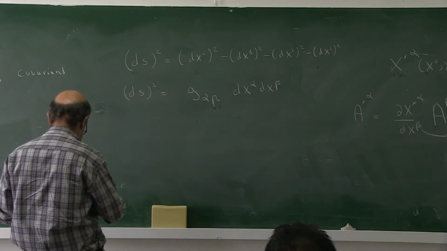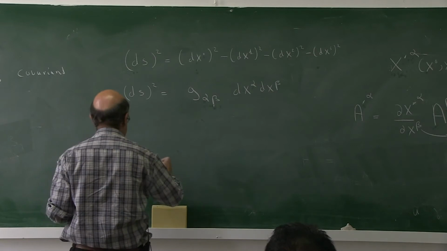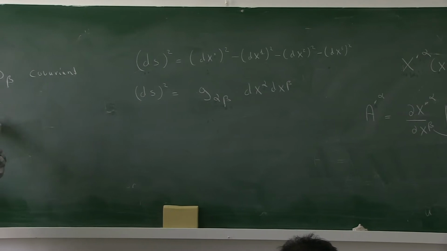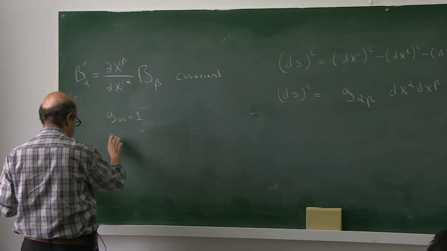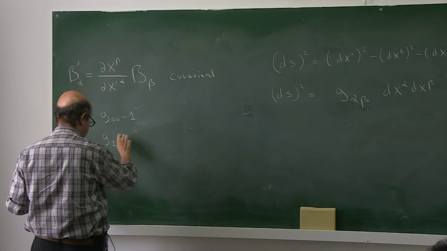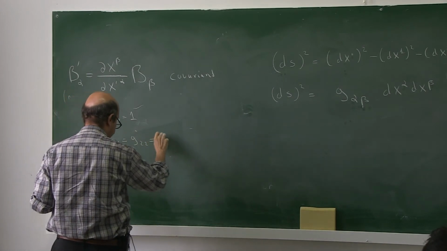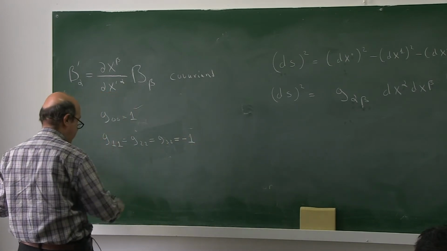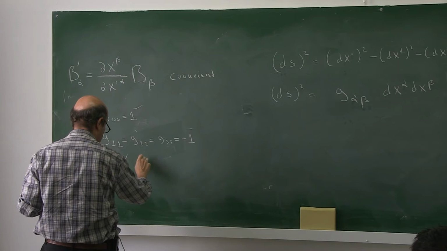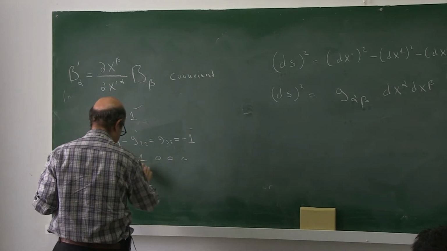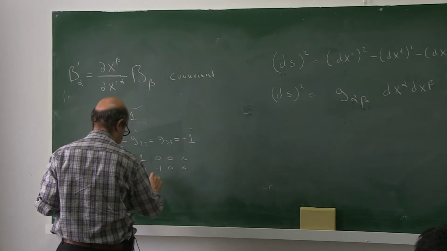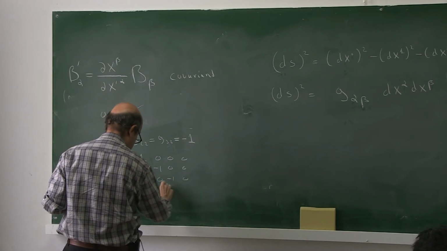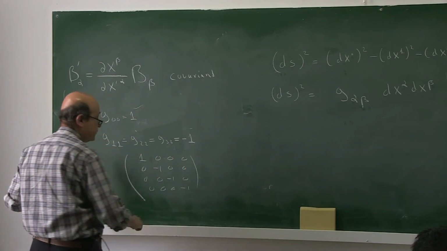So the elements are g0,0 is 1, and all the others, 1,1, 2,2, 3,3, are minus 1. Basically this is in the following form: 1, 0, 0, 0, 0, minus 1, 0, 0, 0, 0, minus 1, 0, 0, 0, 0, minus 1.